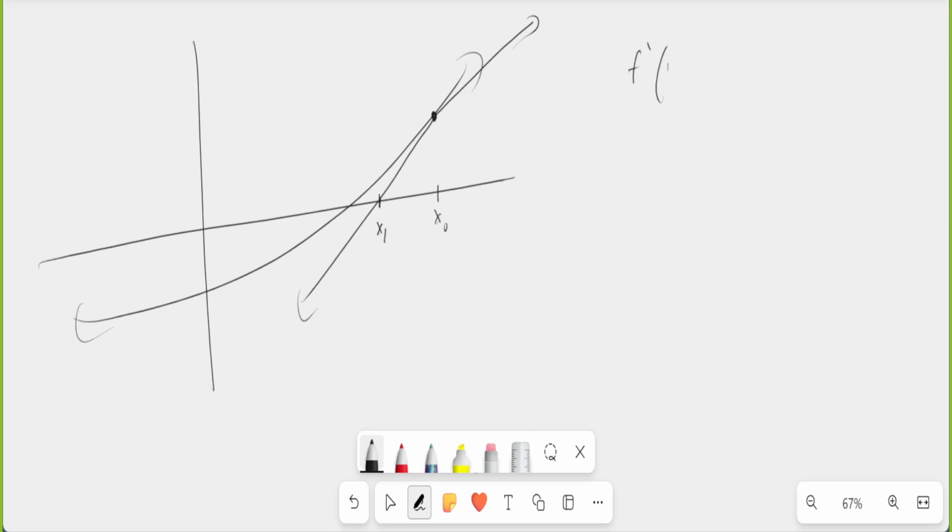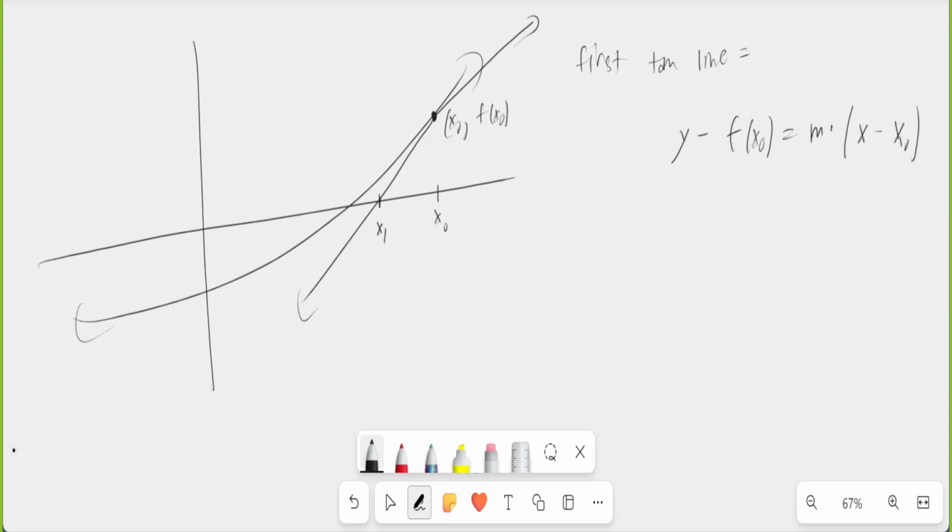The first tangent line is y minus f of x0, because this point is x0 comma f of x0, right? So y minus f of x0 is equal to m times x minus x0, right?